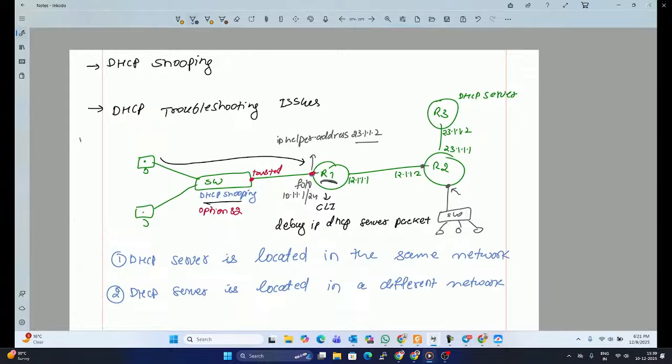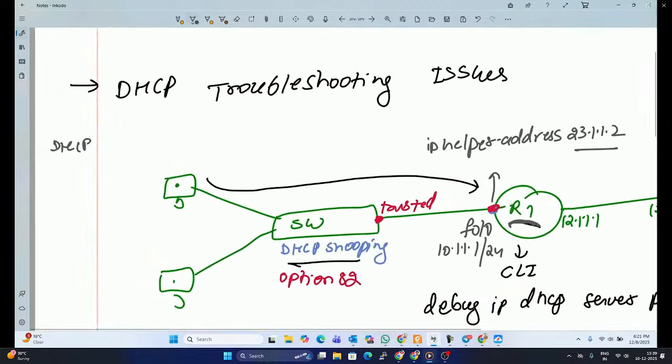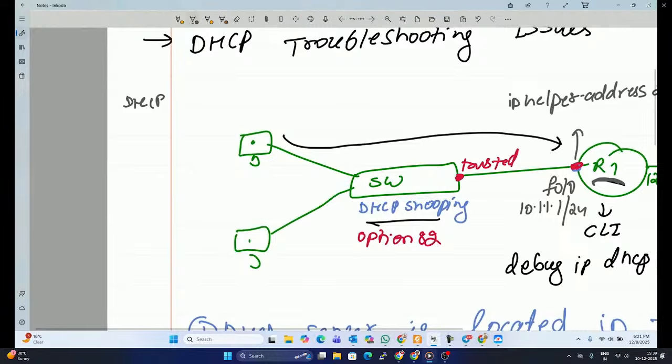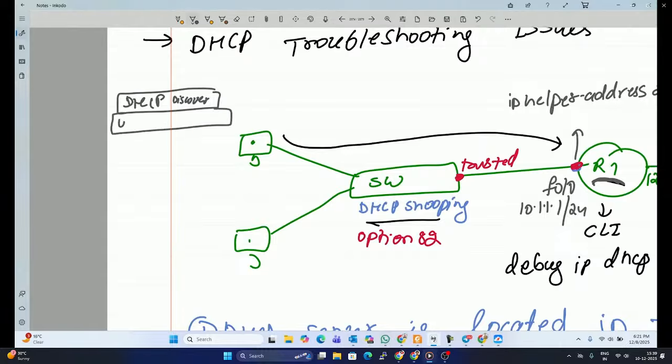So what this user will do is send a DHCP discover message. DHCP is based on UDP, so the source port will be 68 and the destination port will be 67. Then the IP header will be added.